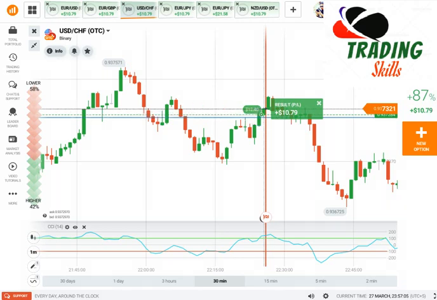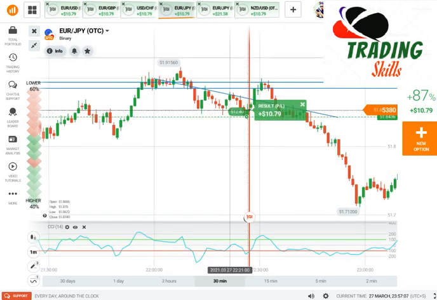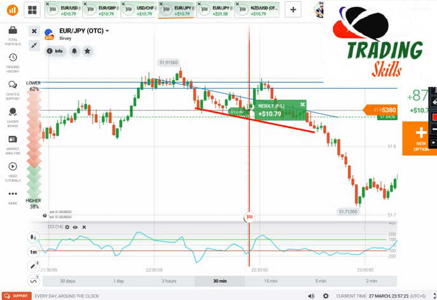Now let me show you this trade. I took my trade here in an up direction. Why? If you want to check, you can check it like this. You can see this is the level, the first thing. The second thing, I need to check the level here. Let me show you what I did here.